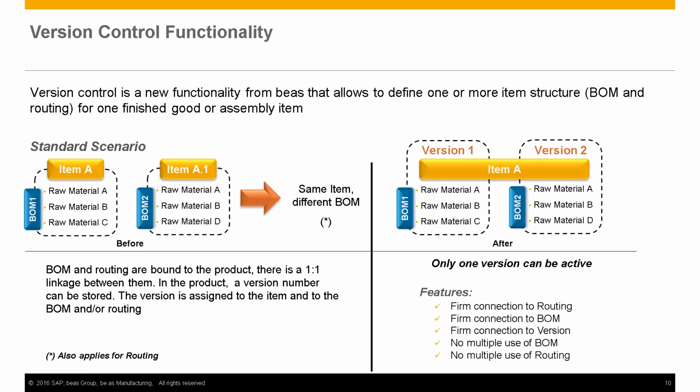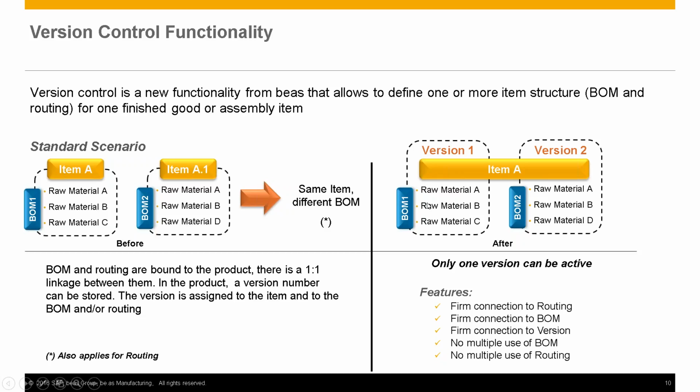If we use the previous example that I gave you, you will have the item A, which is the refreshment, and you have the label X, for example, that is raw material C, and you have that same item, only the label is changed, and you have it with raw material D. What the version control does now is that you can create, for the same item, which is the refreshment, two versions.